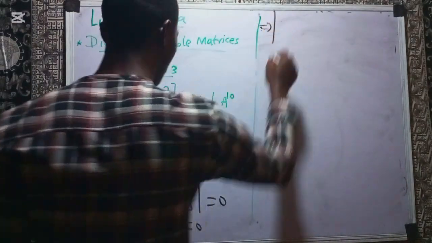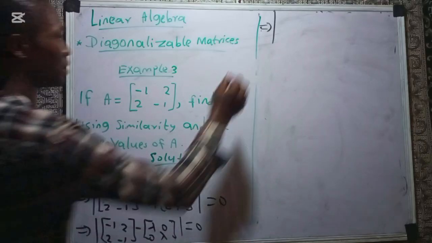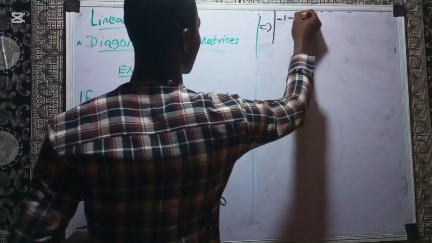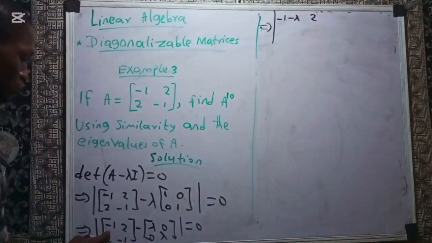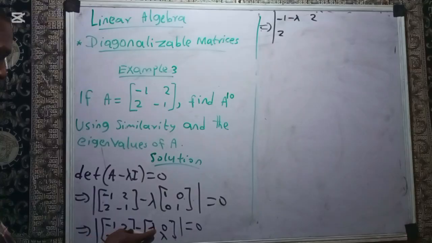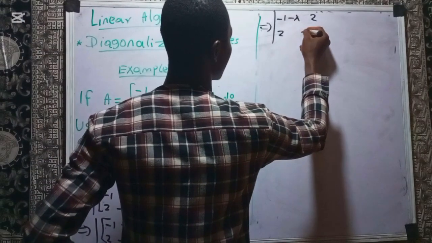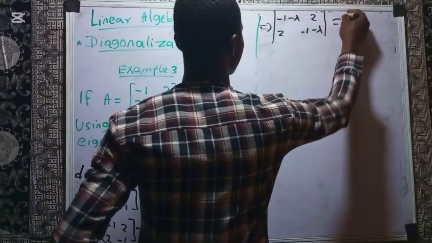This implies we can subtract, right? Negative 1 minus lambda, we have negative 1 minus lambda. 2 minus 0, we have 2. 2 minus 0, we have 2. Then negative 1 minus lambda, we have negative 1 minus lambda. Determinant equated to 0.